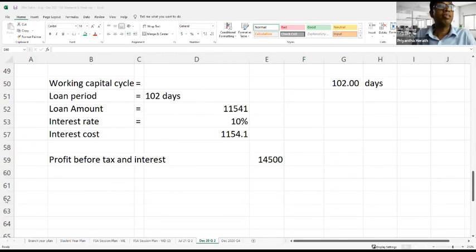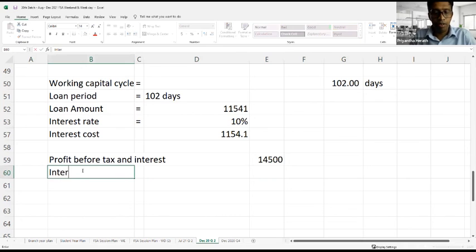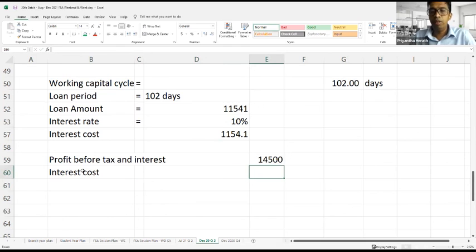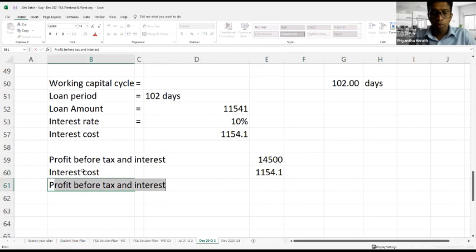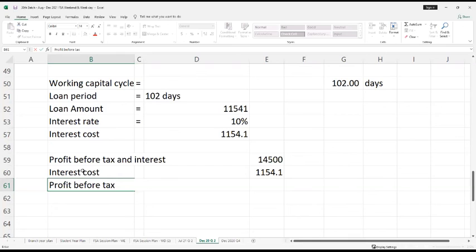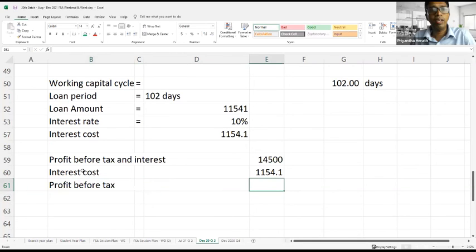Let's see whether this is correct. Profit before tax and interest, yes, it's 14,500. Then let's deduct the interest cost. How much did we calculate? 1,154. So this is profit before tax, with 10% interest.